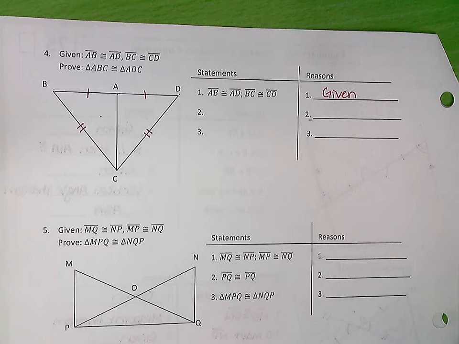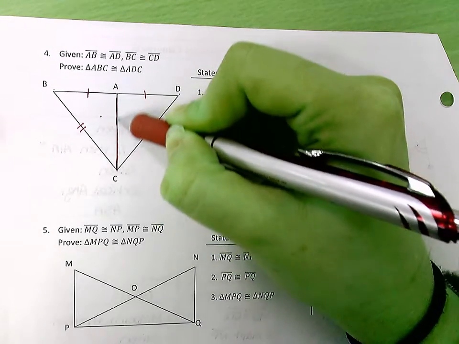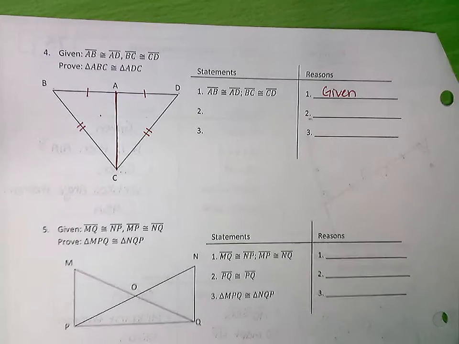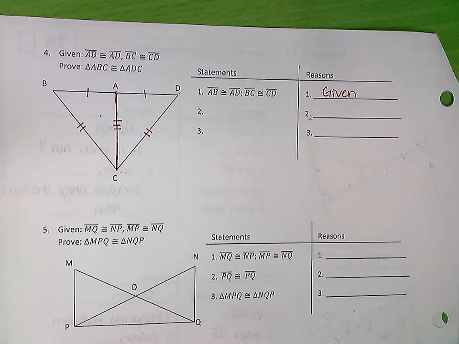They share the same side. My triangles share the same side here. That is your freebie. You cannot assume angles are right angles. Do not say they are right angles. That's not a freebie. You can only say they are right angles if it tells you they are right angles. The only freebies that you need to look for are shared sides and vertical angles. So since they share this side, it's equal to itself.